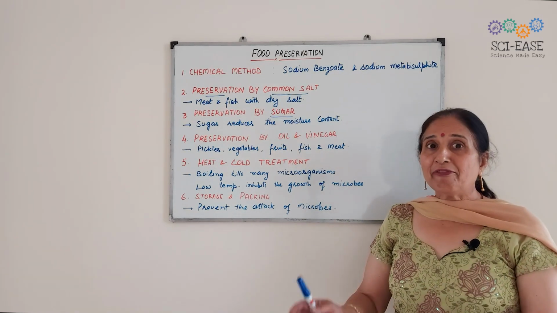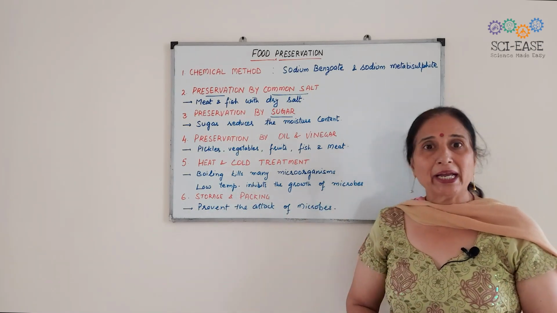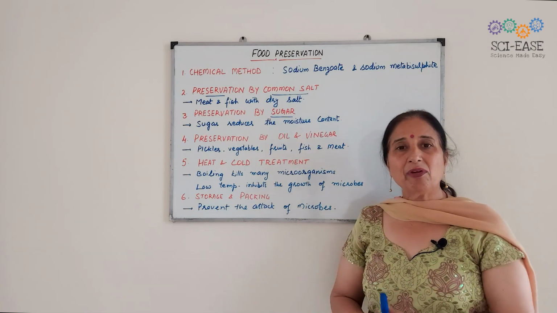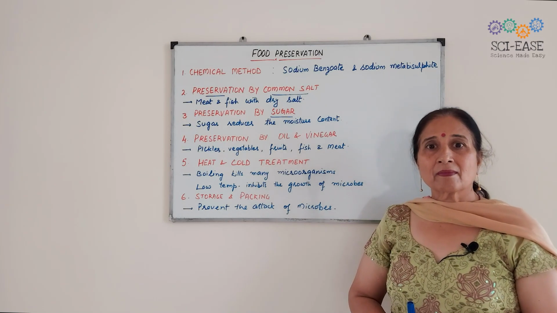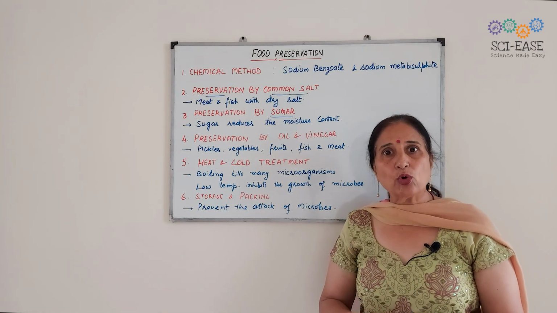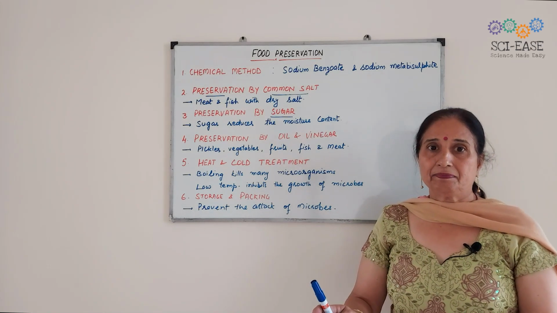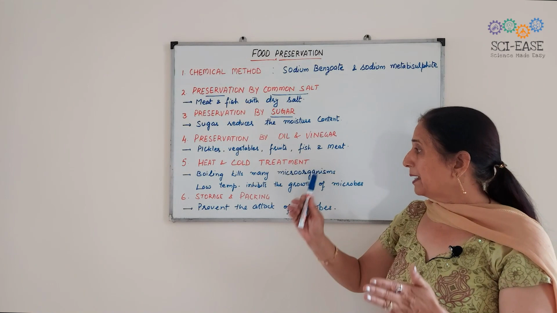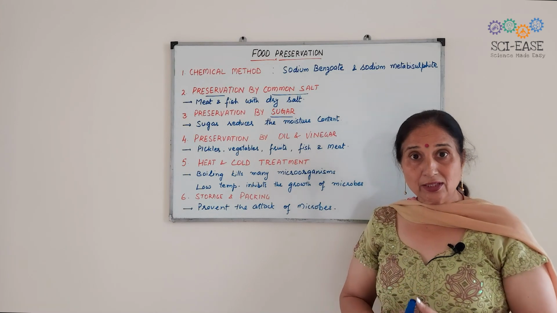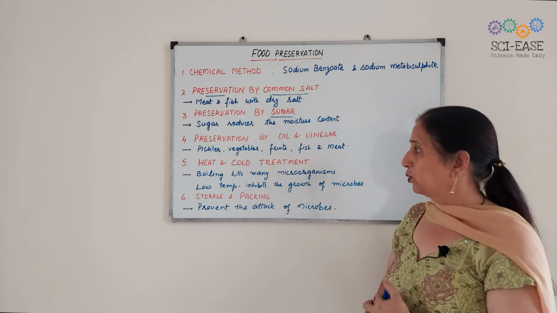Because in the refrigerator, the temperature is low and this inhibits the growth of microbes. If you keep the fruits outside for 1 week, they will become rotten. They are not fit to eat. Why? Because of microbial attack. But when they are kept in the refrigerator, you can use them for 1 or 2 weeks also. So low temperature inhibits the growth of microbes.